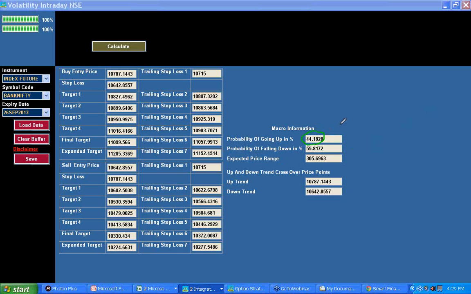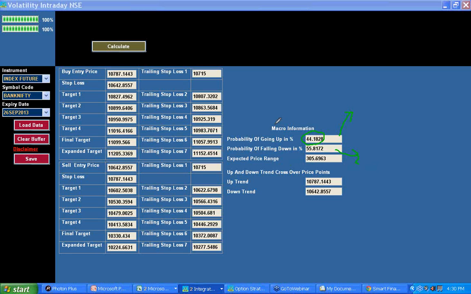What are the chances at this particular time that it will go up, and what are the chances that it will fall down? These probabilities are also given.